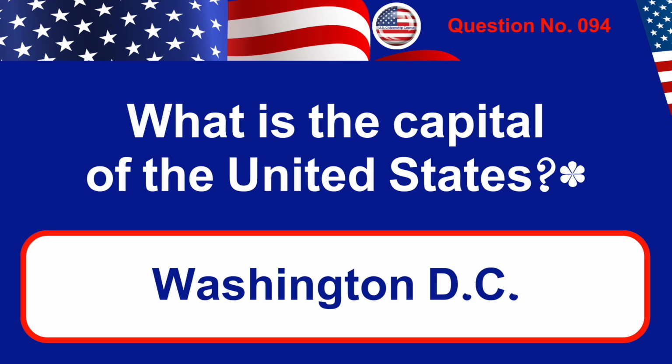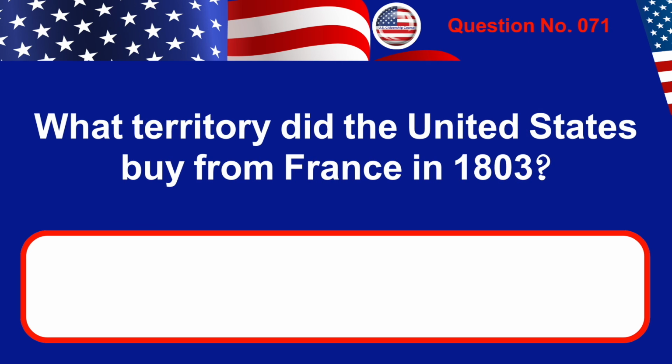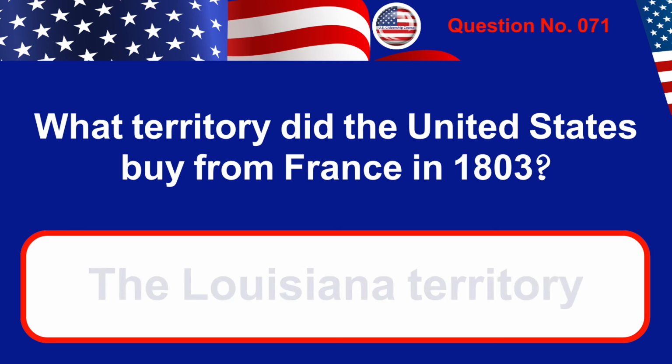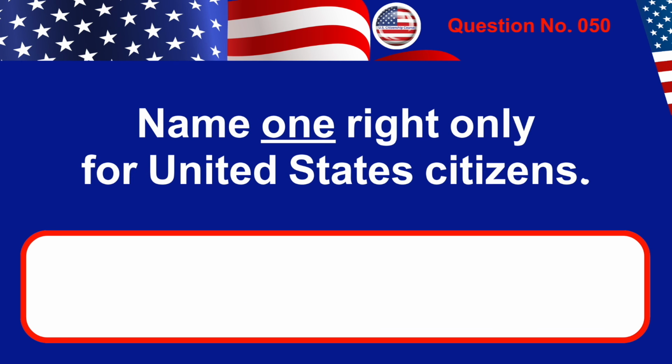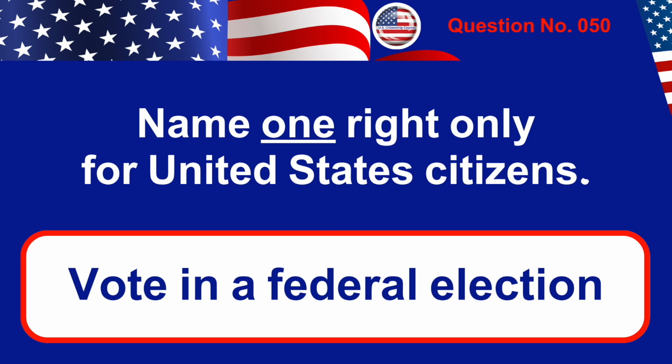Washington, D.C. What territory did the United States buy from France in 1803? The Louisiana Territory. Name one right, only for United States citizens. Vote in a federal election.